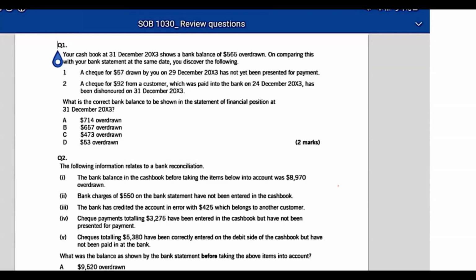What is the right or the correct bank balance to be shown? Anyone can try.